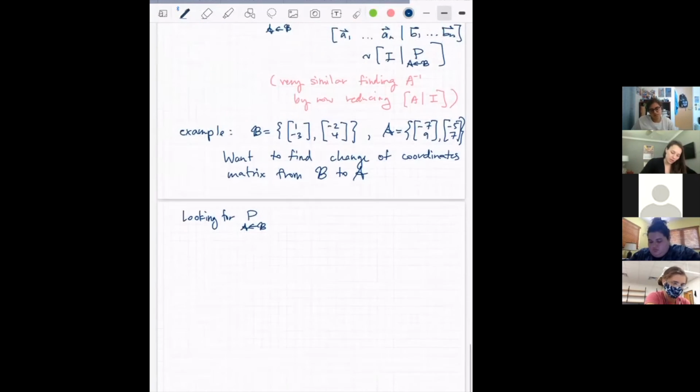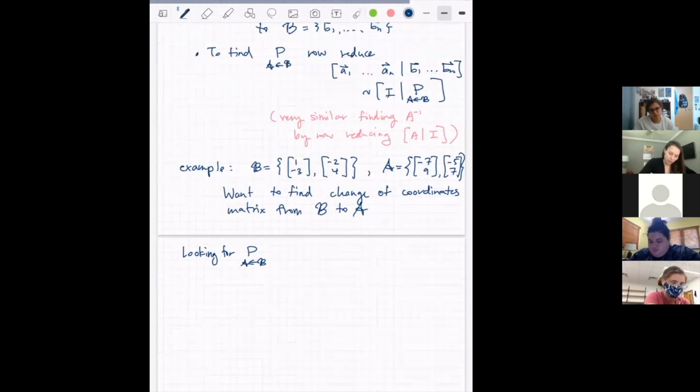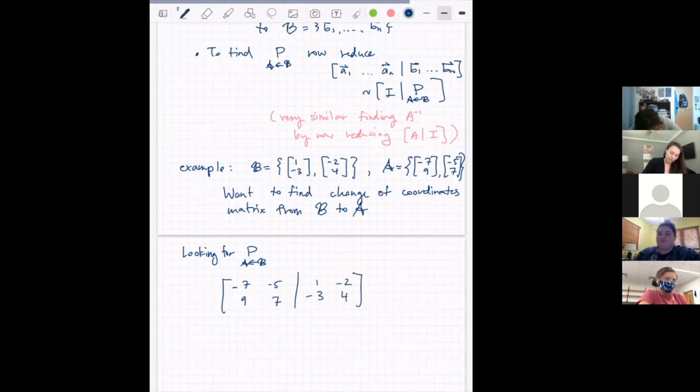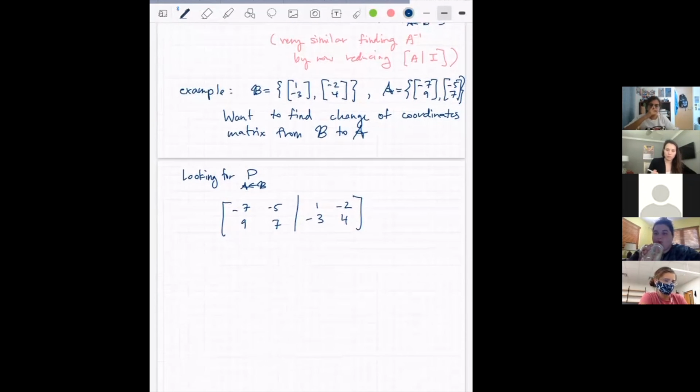If we're going from B to A, we put the vectors from A on the left-hand side of our augmented matrix, and then augment with the vectors from the basis B, and then row reduce this.